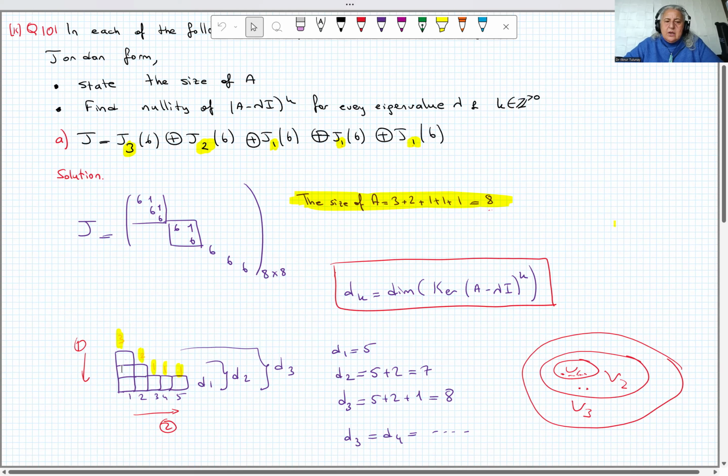You're constructing the boxes the vertical way, and then calculate the differences, and that will give you the dimensions. So the first one is D1, and D1 plus 2 will give you D2, and then D2 plus 1 will give you D3. That's exactly the other way around from what we were doing in the previous work.